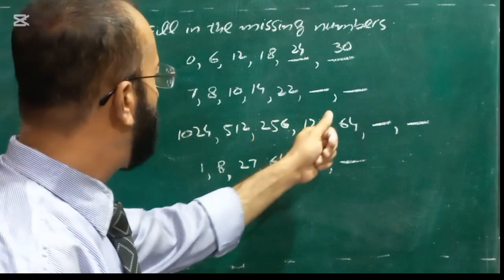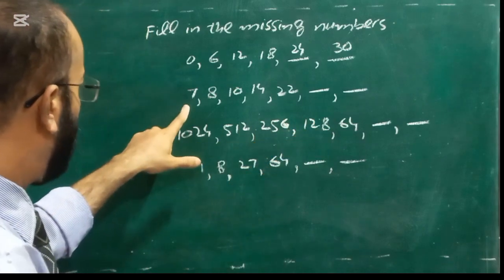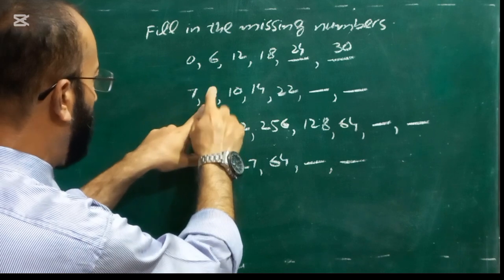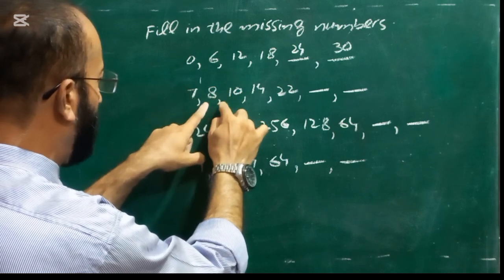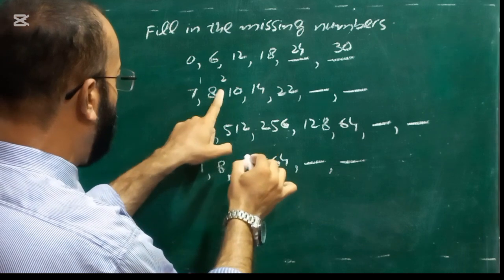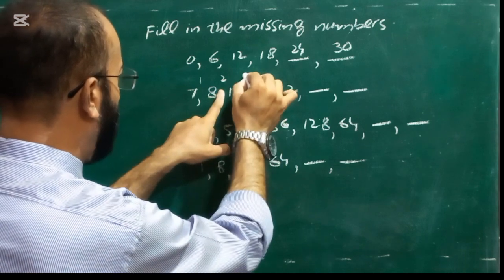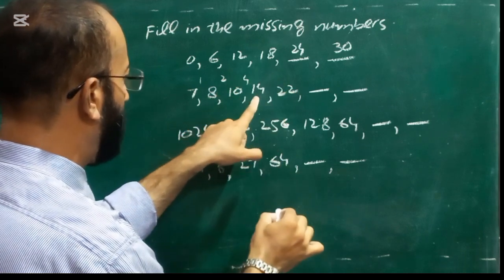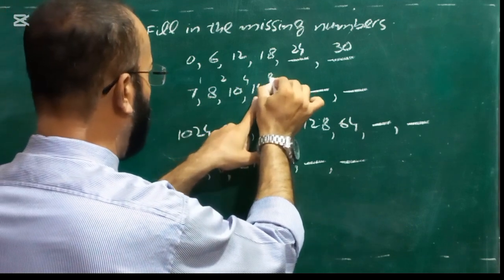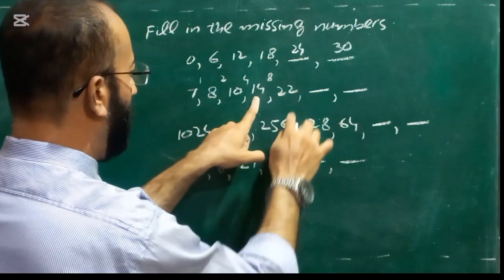If you look at this pattern, plus 1, then whatever the answer of this one multiplied by 2, so it will be added to 2. Whatever the answer in this one, again multiplied by 2, so 4 is added. Whatever the answer of this one multiplied by 2, so this is the answer.